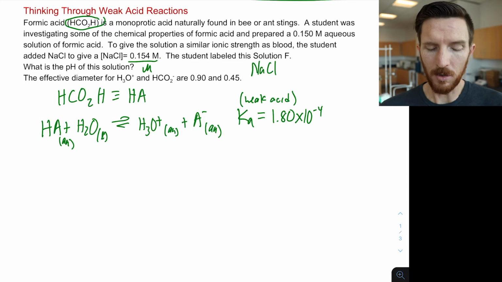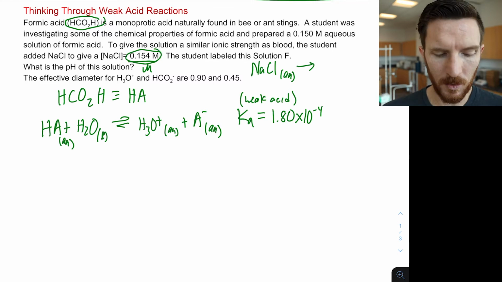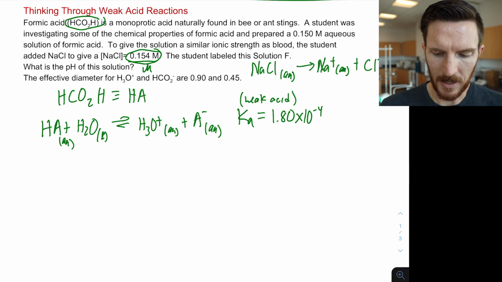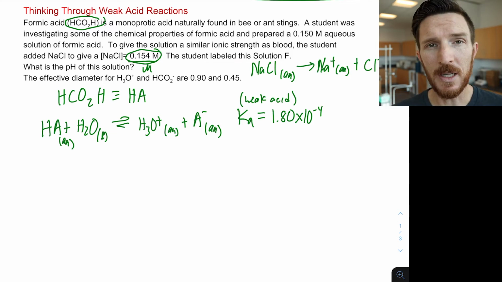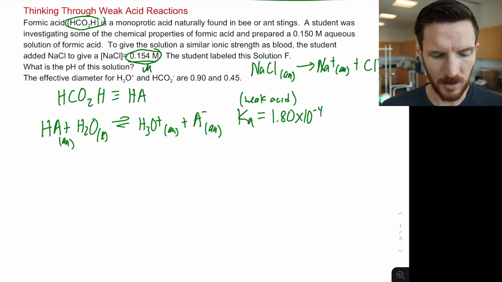Then we also have sodium chloride. Sodium chloride is something that is very soluble in water. We're told that we have a specific concentration of it. That means that it did dissolve, and as it does that, it's going to dissociate into our sodium and our chloride ions. Now what that's going to do is influence what our ionic strength is for our solution.